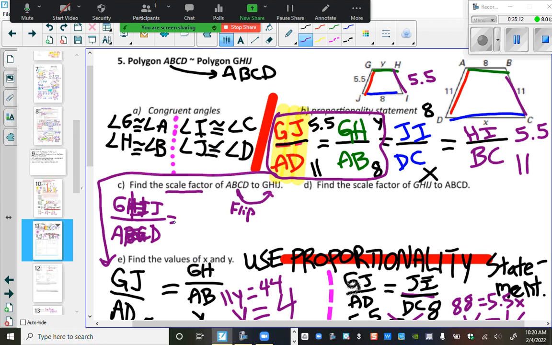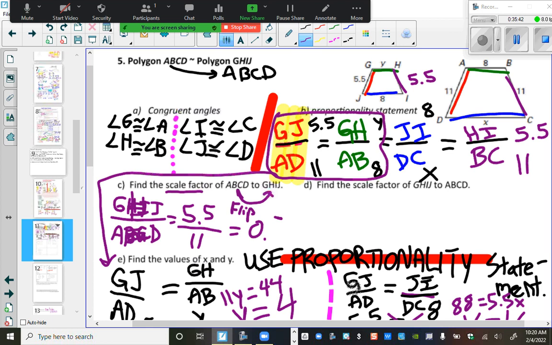And then I'm going to tell you what we do, because we know what GJ is, right? That is 5.5 over 11. Now, if we simplify, or just divide the two numbers, what's 5.5 divided by 11? What do we get? 0.5.